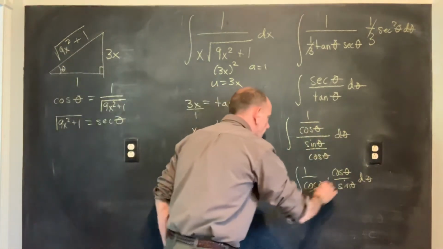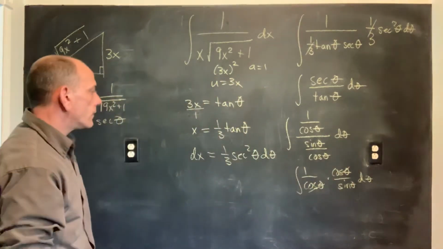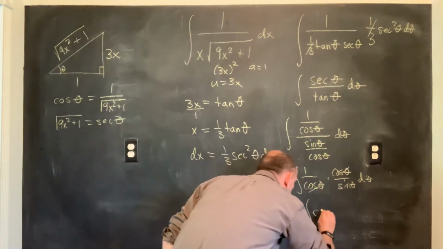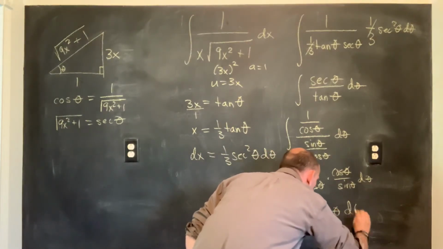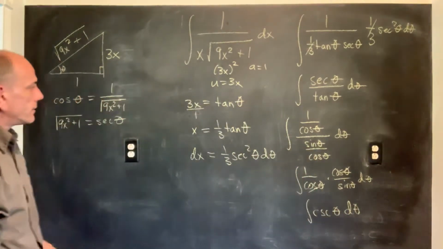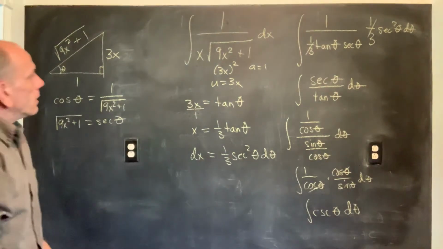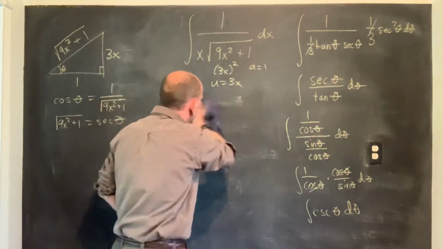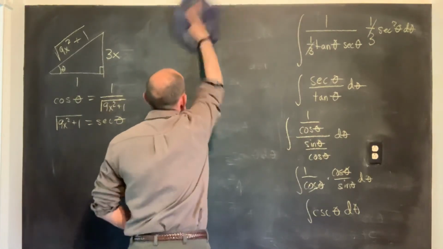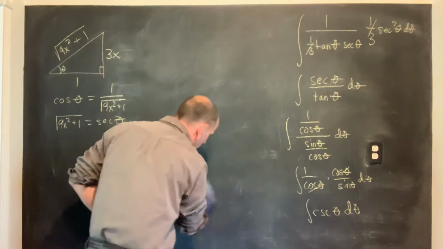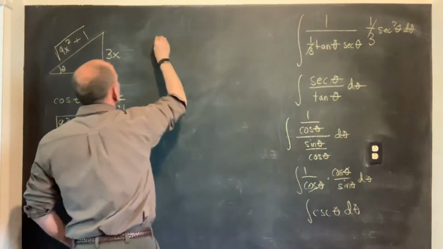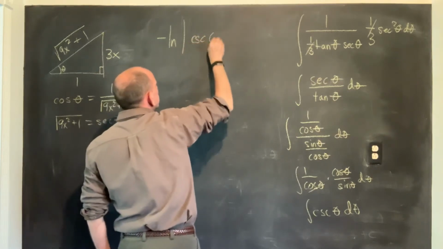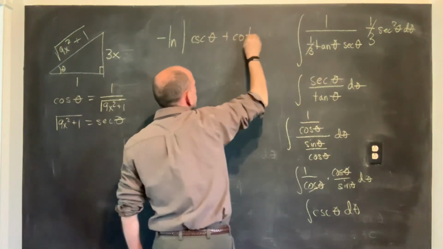I've got 1 over the sine. Reciprocal of the sine is the cosecant. Nice. So that's one of our basic rules. We saw that one earlier. Integral of the cosecant is negative ln absolute value of cosecant theta plus cotangent of theta.